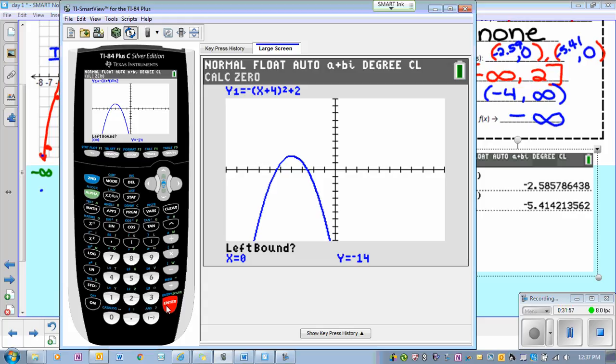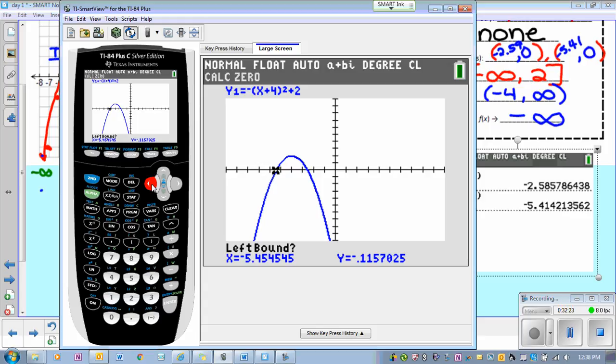That means, where's this graph at 0? Way down here, right? I'm going to click the left button until it comes up. You guys see your little blinking bob? I named him Blinking Bob several years ago.